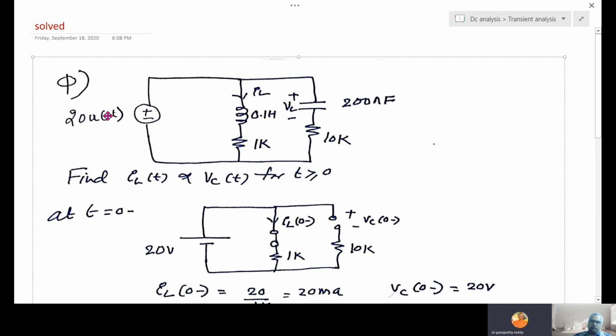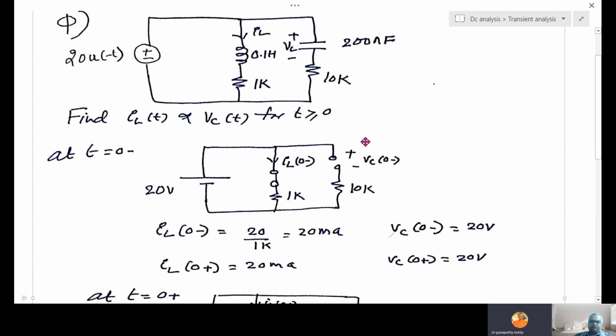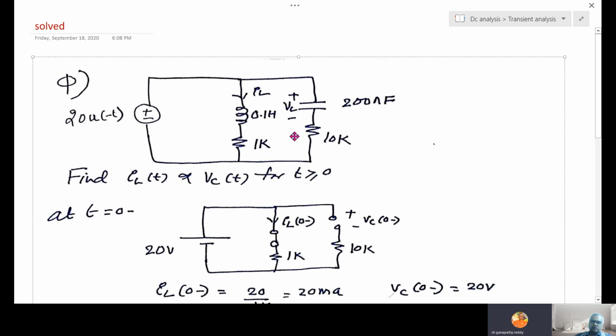I mean 20 U of minus t voltage is applied here. So this is one first order circuit, and this is another first order. The RL series is first order, and the RC series is another first order. A constant voltage is applied here, and it is asking IL of t and VC of t.